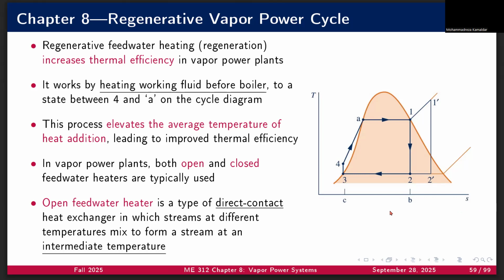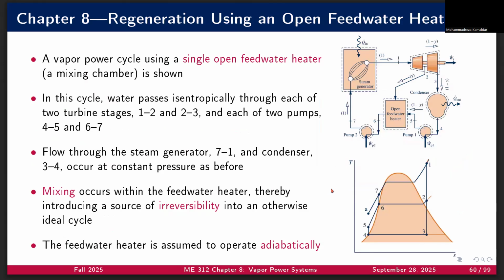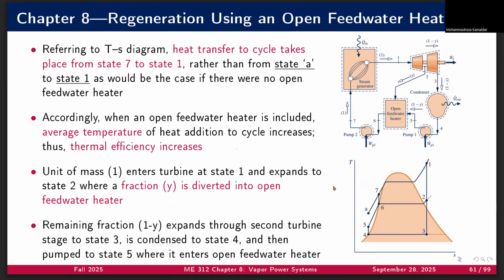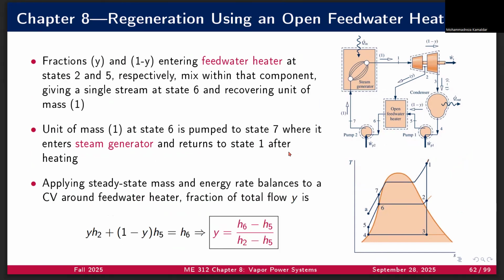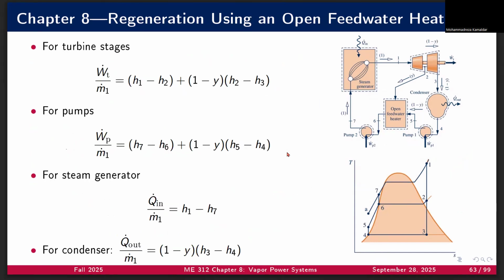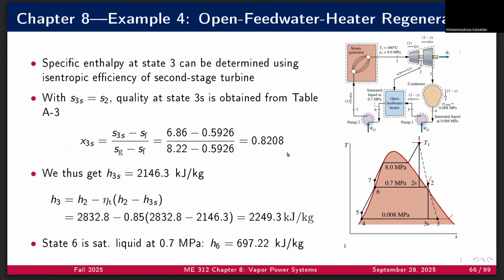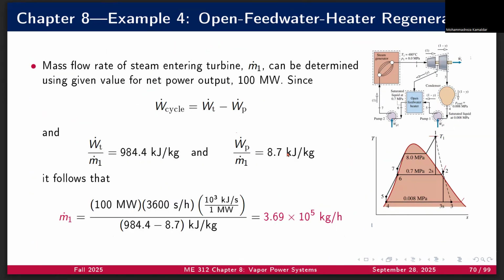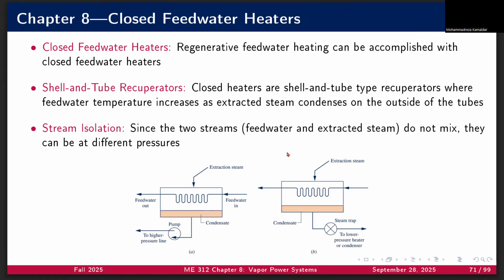So today, we shift our focus to the second primary method of regeneration, which is the closed feed water heater. The closed feed water heater is similar to the open feed water heater, but the primary difference is that there is no direct mixing.